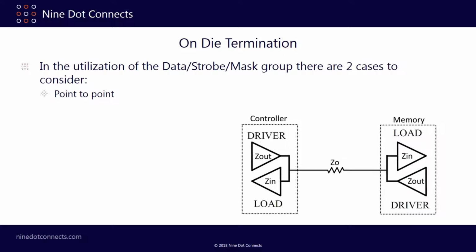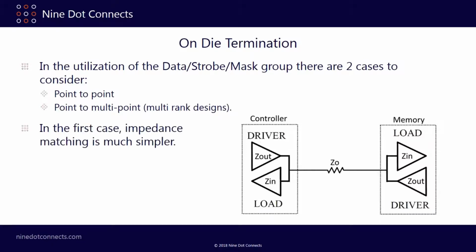In a very simple solution where you just have a controller and one memory module, you have what's considered a point-to-point solution. Basically the driver sends out through a transmission line to the memory load. But you also have multi-rank designs, like what you would see on your motherboard, where you have memory boards that plug in.